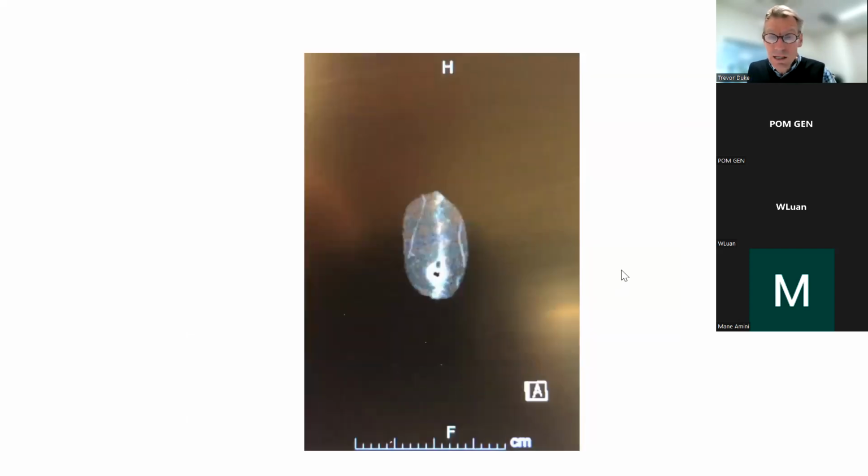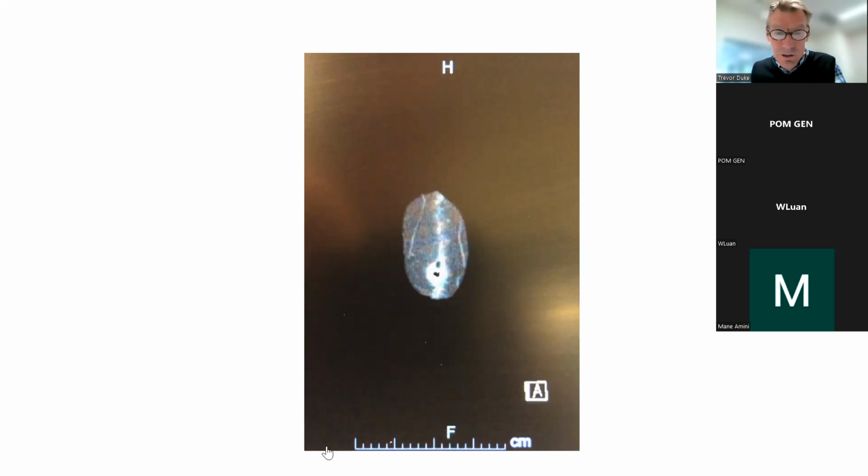Okay. Now, lastly, I think this is the last case, but I wanted to show you a CT scan. I wanted to show you this case because we see a lot of gastrointestinal sepsis and major problems with the gastrointestinal tract, but we're not always able to see changes on the x-ray.